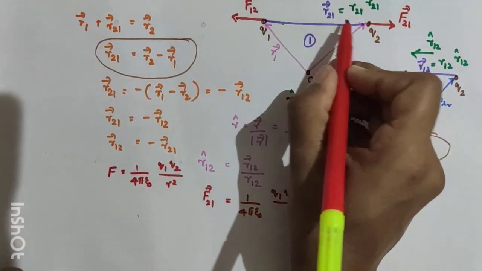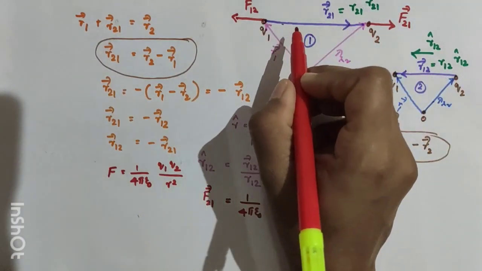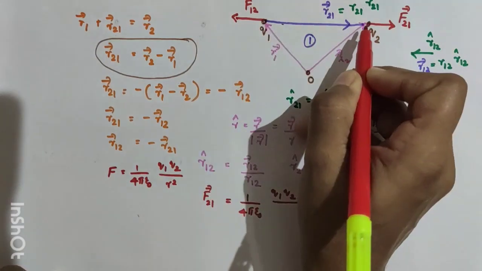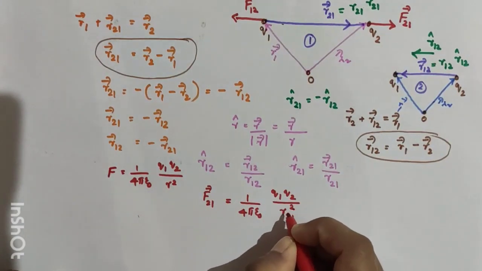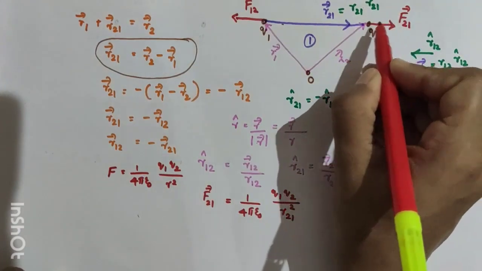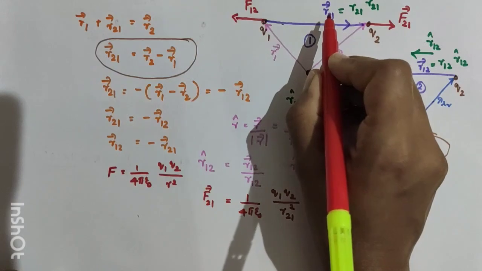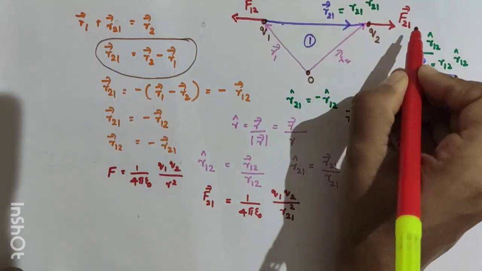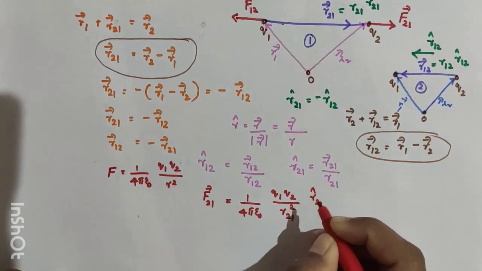The displacement directed from q1 to q2 is r21, so I am taking r21 square. Then the direction of that force is along this vector r21, so the unit vector directed along this direction is r21 cap.